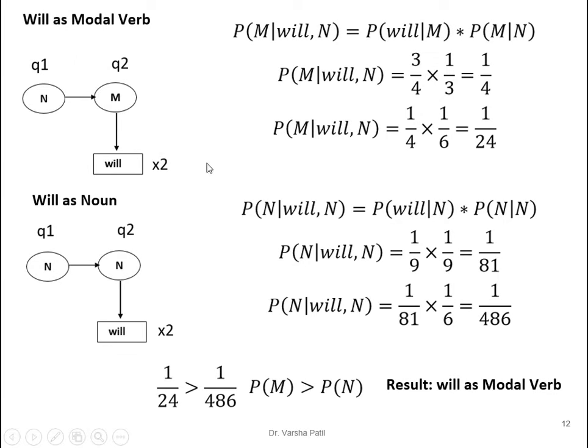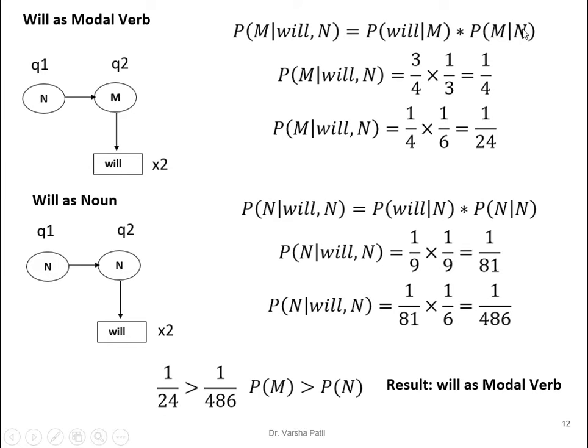Now here we require to do it two times. First is for M and second is for N. Now this is the will state X2, Q2. We have to determine whether it is M or N. So we will try with both, and after that we write down the formula. This formula is very easy: the probability of will given M, and how many times after N, M is coming, meaning after noun a modal verb is coming.